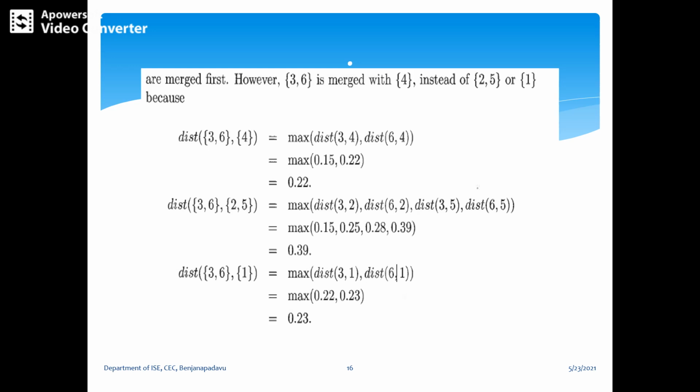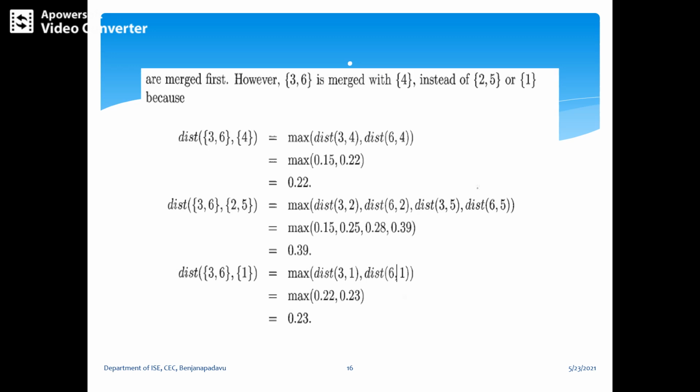We take the distances 3 to 4 and 6 to 4. The maximum of the 3, 4 distance is 0.15 Euclidean distance, and the other Euclidean distance is 0.22. So the maximum of these points is 0.22.